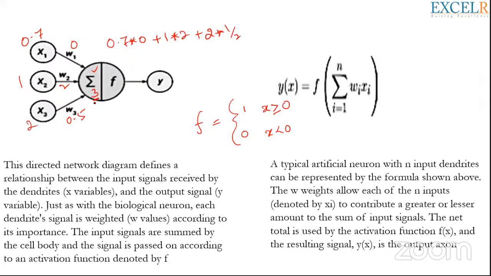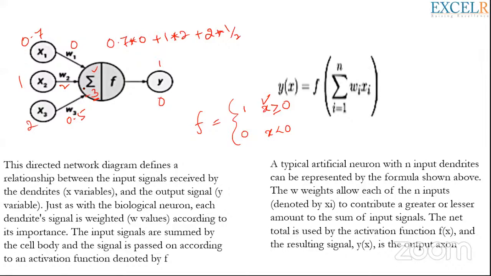Now this 3 is more than 0, so the activation function delivers 1. If it is a negative value, then the output would be 0. That's how the neuron would deliver the output.